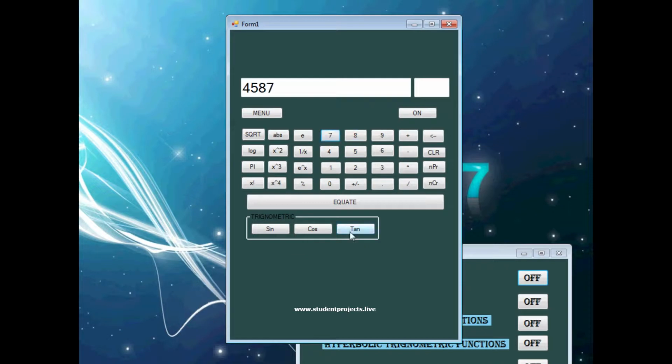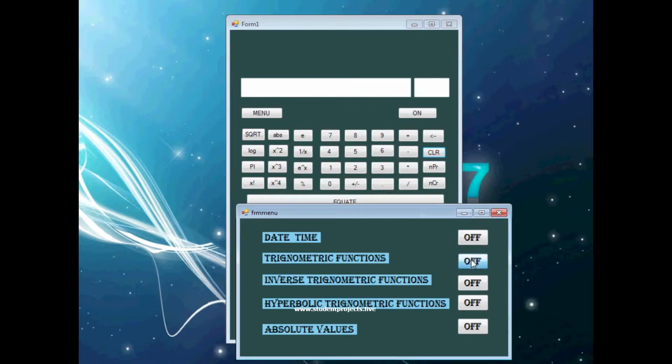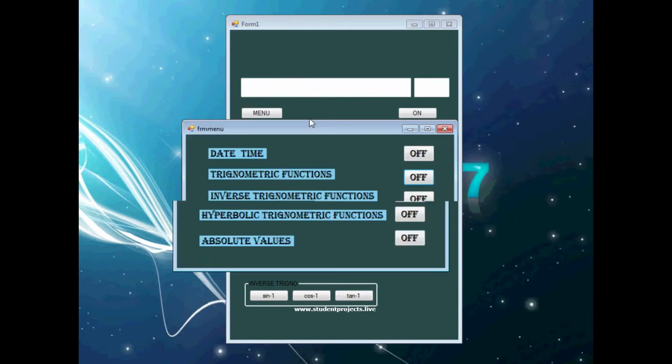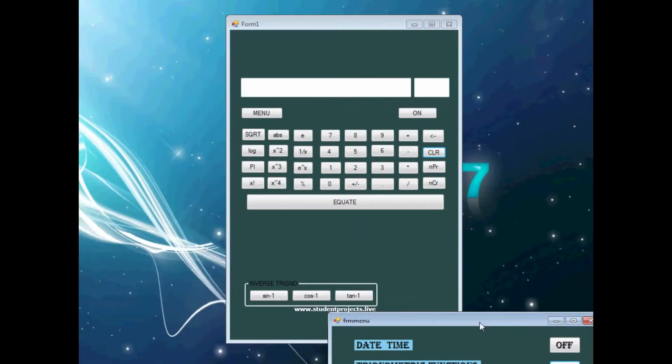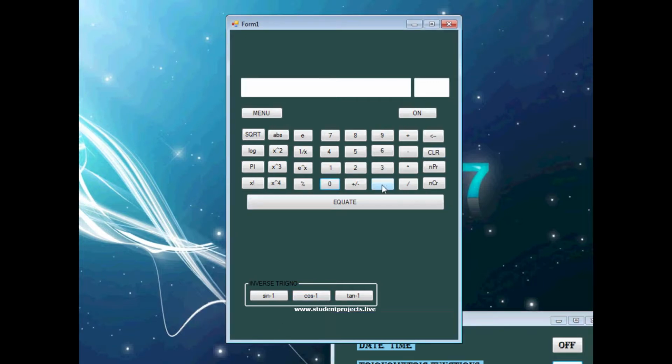45. 4587 tan, the value can be viewed here. Let us off this and let us use the inverse trigonometric functions. So that is sine inverse, cos inverse and tan inverse. Let us first perform sine inverse. So we can see the value of sine inverse.